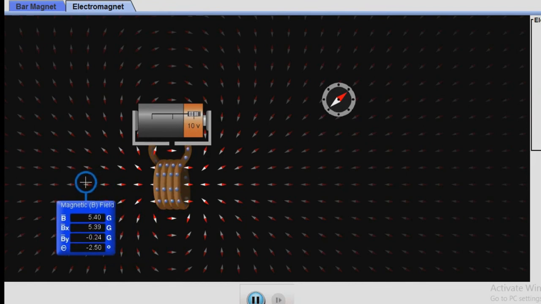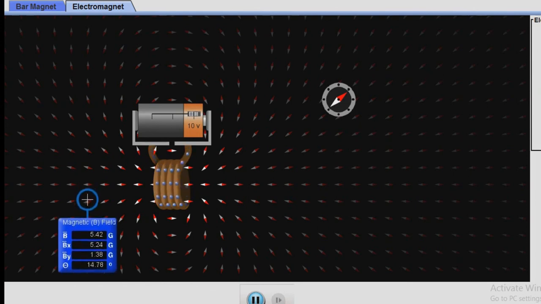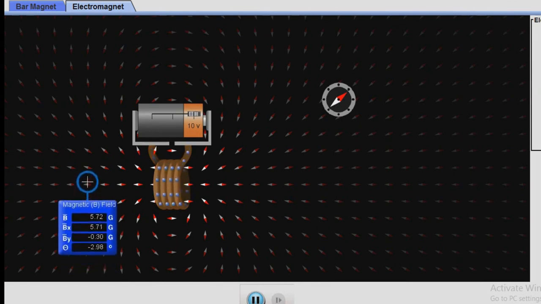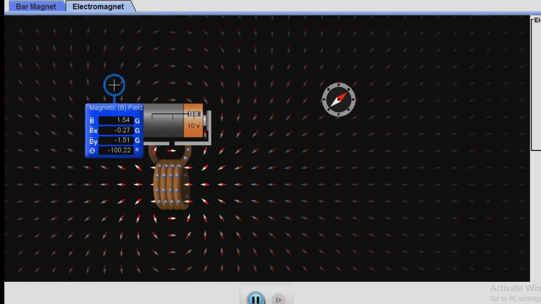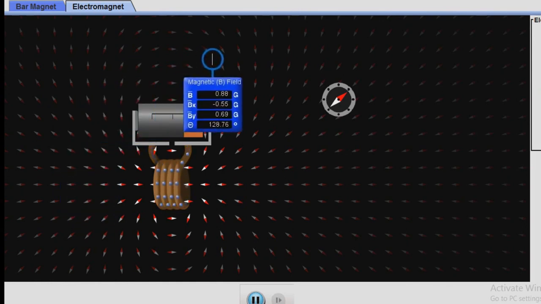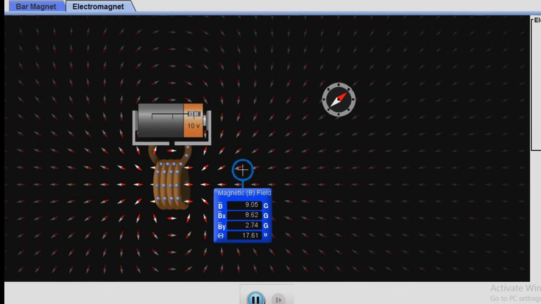At 2 centimeter it is abruptly changing to 5.40. Here you can see By is minus but Bx is plus. Here the plus and minus is showing only the direction. In that way you can trace the magnetic field strength in either direction.